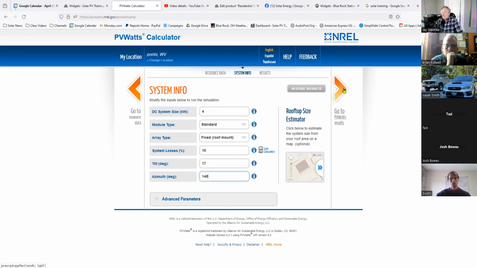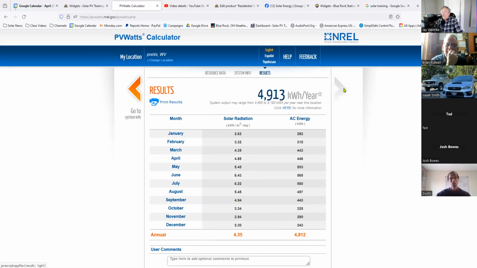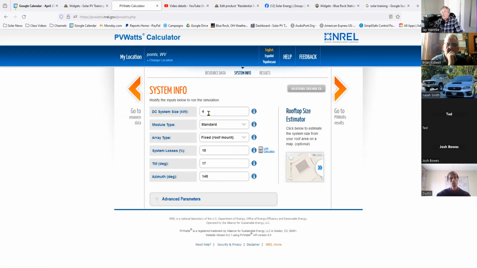So now I'm going to see how many kilowatt hours per year this system provides. Well, it's providing 4,913. But we found from our assessment, we need 10,200. So I need a little bit more than double that. So I'm going to come back here, and I already know it's going to be somewhere, let's say 8.2 kW as opposed to 4.